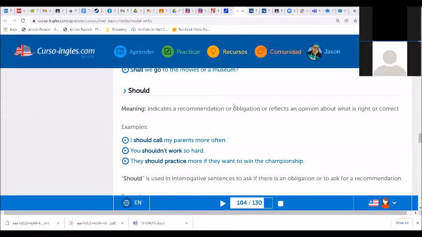You should not work so hard. They should practice more if they want to win the championship. Should is used in interrogative sentences to ask if there is an obligation or to ask for a recommendation. Good. All right. Now, should in Spanish would be more like debería.